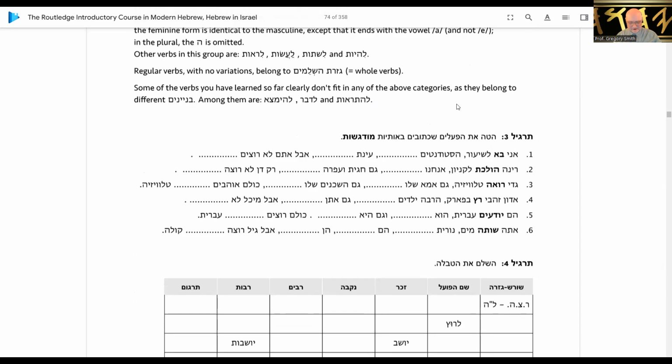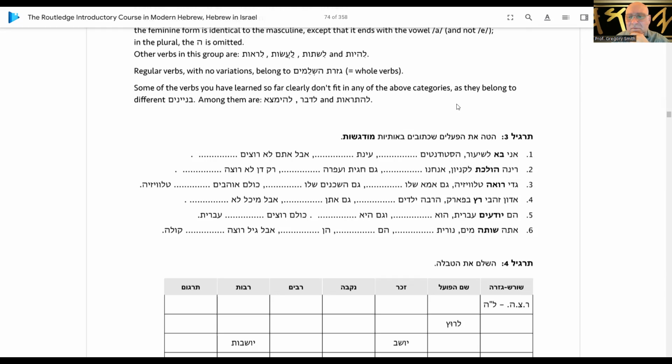I wish I could get that pronunciation just right so that it would put it in there for me automatically. הטה את הפעלים. Okay, so inflect the verbs.